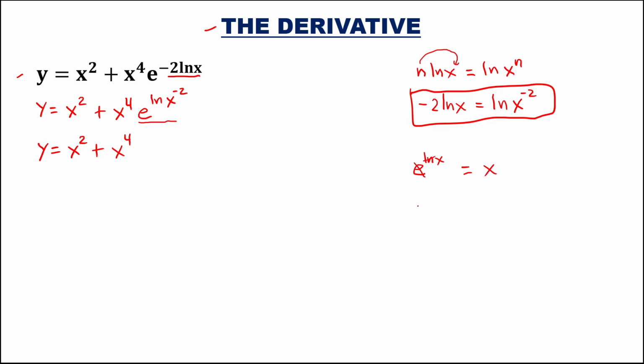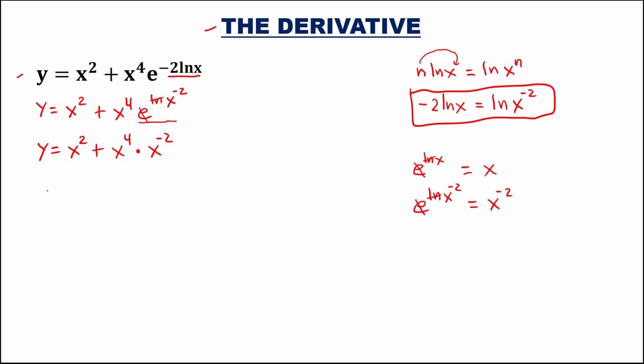So for this, e to the power ln x to the power negative 2, cancel e and ln, so this is equal to x to the power negative 2. So times x to the power negative 2.